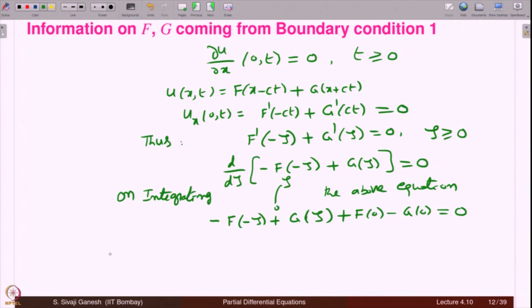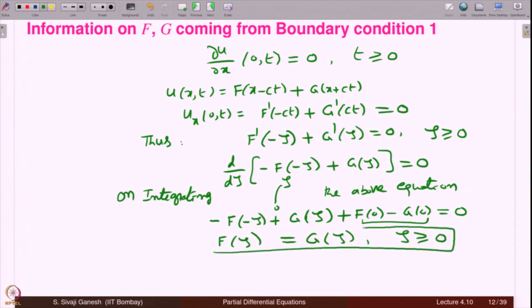And we have given some reasons why we dropped certain constants like this, both in the derivation of D'Alembert formula and also in the IBVP with Dirichlet boundary conditions in lecture 4.9. For the same reasons, which I will not repeat, we can drop that, and what remains is f of minus zeta is equal to g of zeta, valid for zeta greater than or equal to 0. So this is what we get from using boundary condition 1.